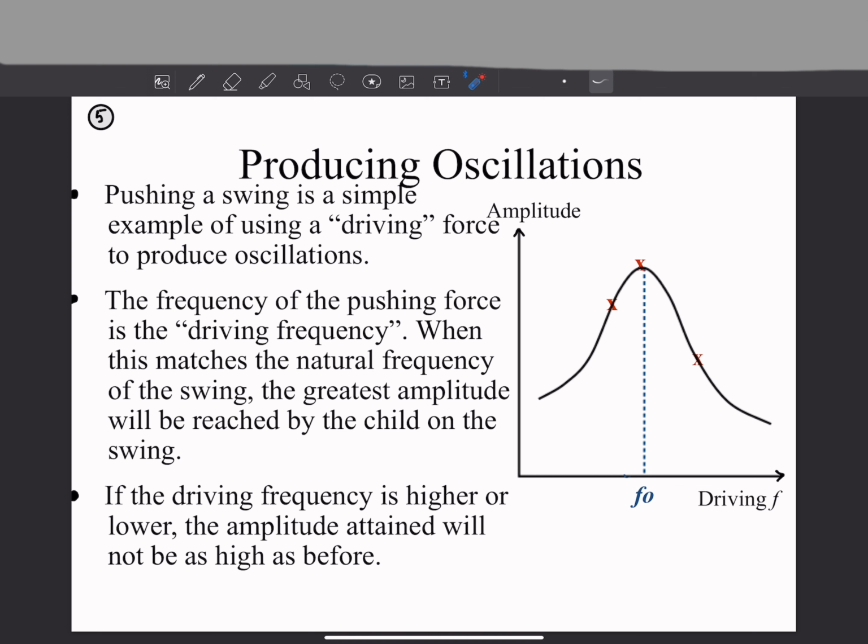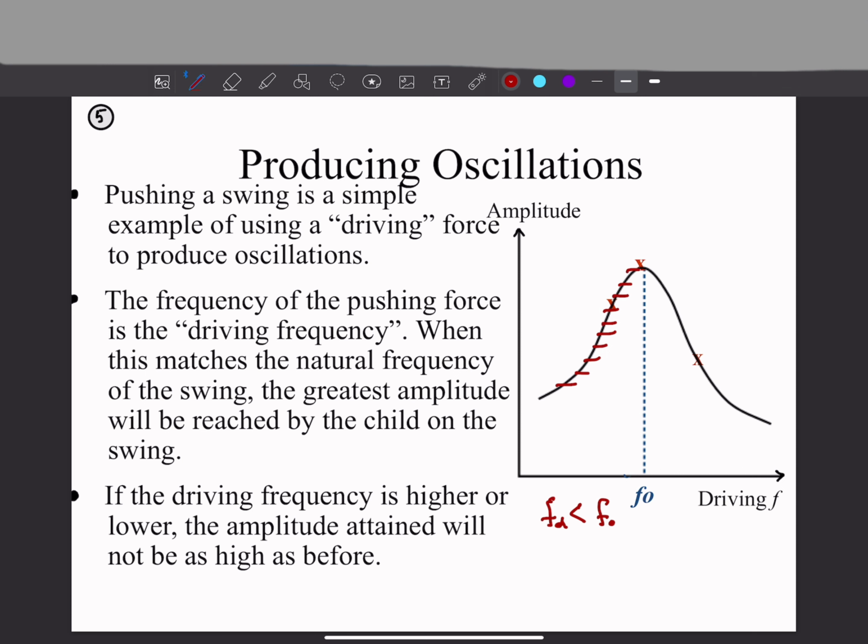Now here we have one simple question. When the driving frequency is less than f naught, I think it is logical that you are not getting the maximum amplitude. If your driving frequency is less than the natural frequency, then it is okay, of course the amplitude will not be the highest.